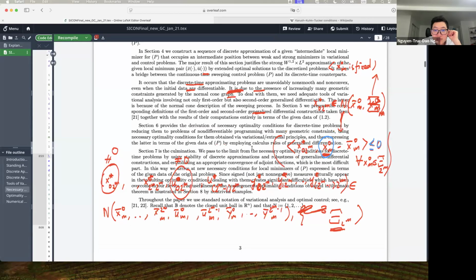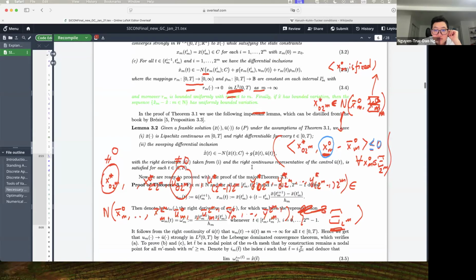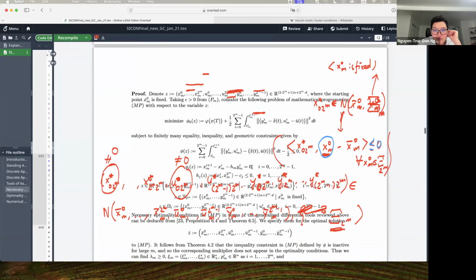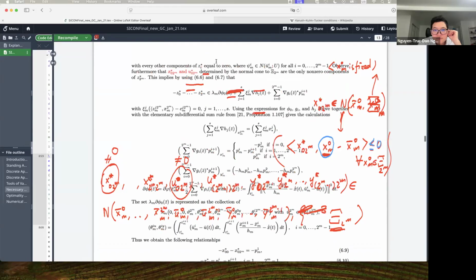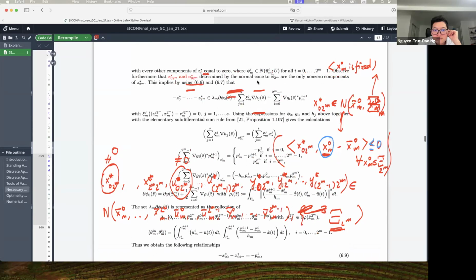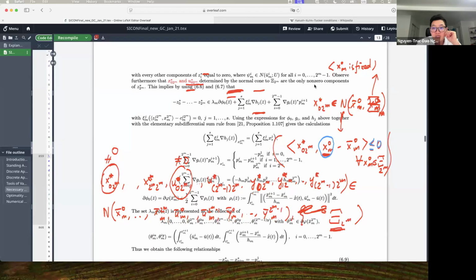Let me go down here so that you can see the conclusions. x star 0 to m are the only non-zero components, because we have the constraint for this.